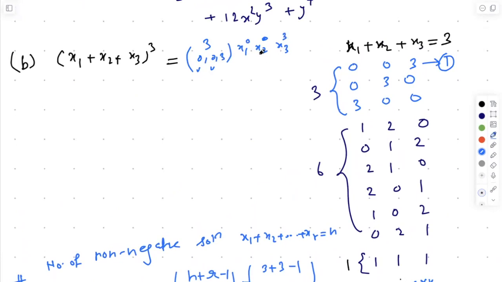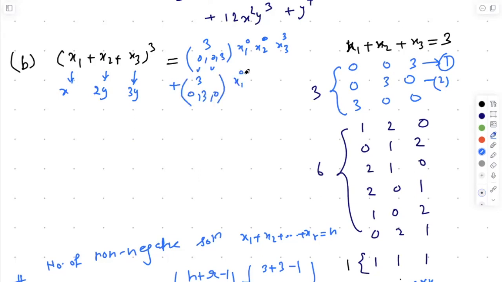You can replace x1 by x, x2 by 2y, x3 by 3z. You will get the answer. You just need to calculate them, nothing else.